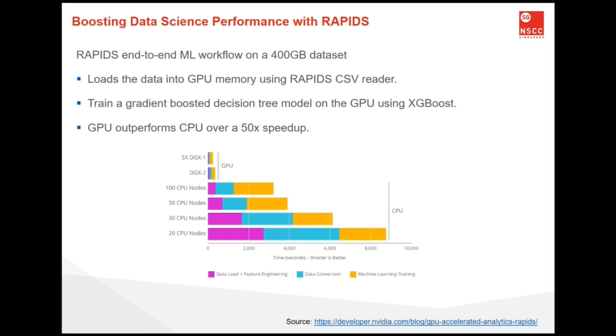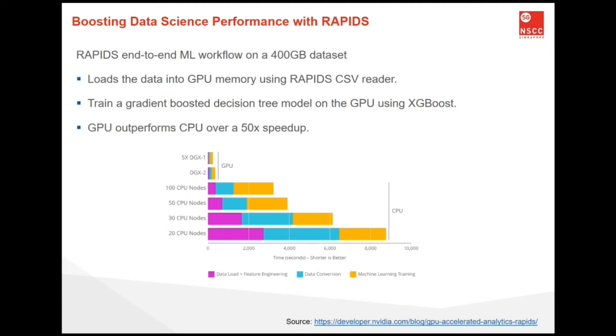The example loads the data into GPU memory using the RAPIDS CSV reader. The ETL in this example performs a number of operations, including extracting months and years from date-time fields, joins of multiple columns between data frames, and group by aggregations for feature engineering.